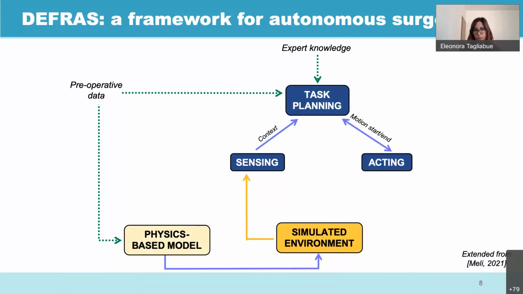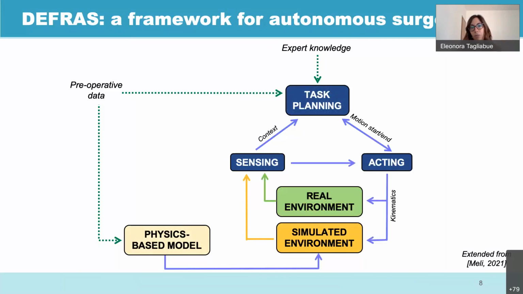Once the plan is ready, then this plan is executed both on the real environment and on the simulated environment. And the two environments are continuously monitored with sensors so that it's possible to understand if there is discrepancy between what is happening in the two environments.